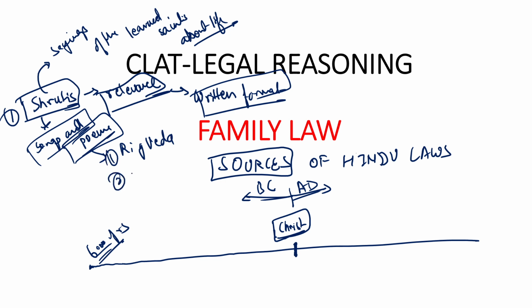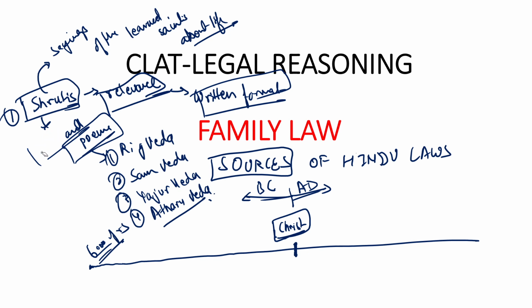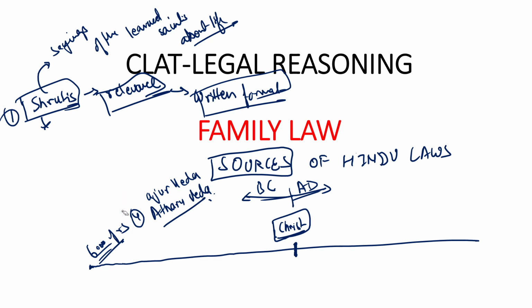The second one was the Sam Ved, the third one the Yajur Ved, and the fourth one, which was added after a later period of time, was the Atharva Ved. All these come under the Shrutis, which is considered the very first ancient source of law.